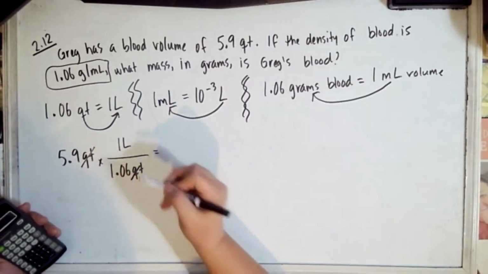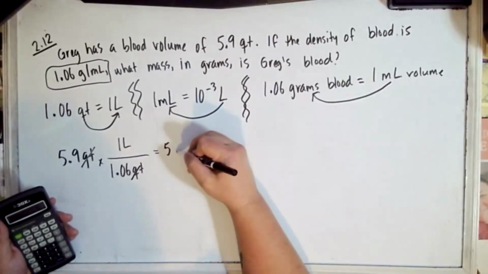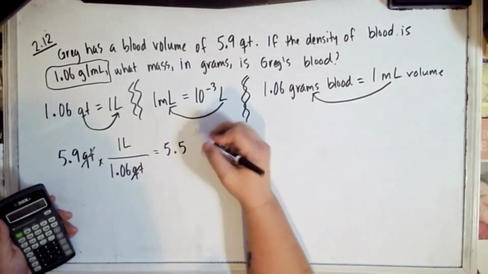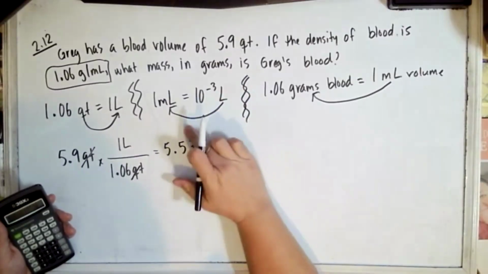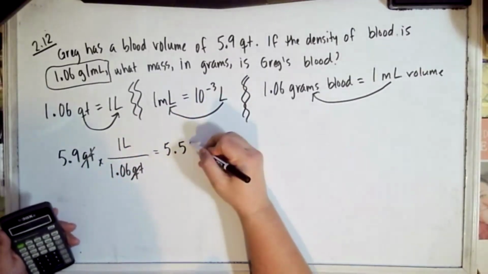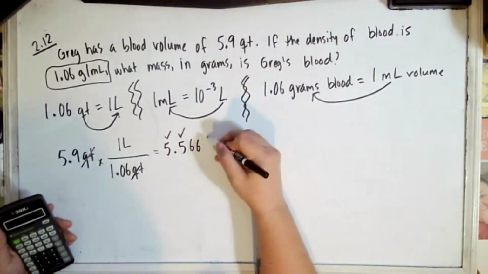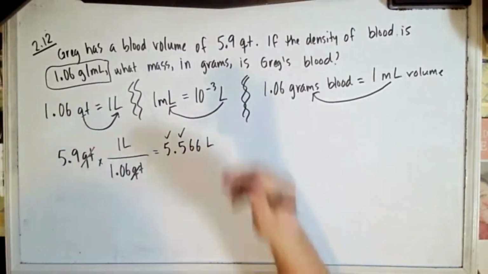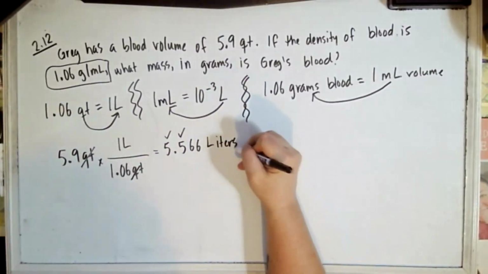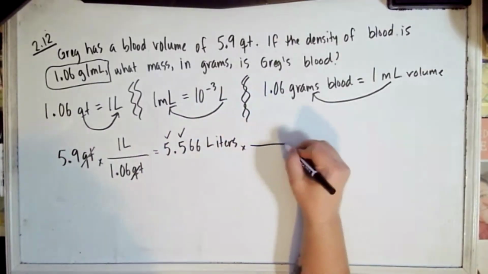Okay, and we watch the quart units cancel out. And that tells us we have 5.566 liters. I'm going to keep extra digits here, even though we're only going to end with 2 significant figures. I'm going to just keep more digits until the very end, but I'll keep track of my significant ones. So this is how many liters we have. And then we'll turn our liters into milliliters.